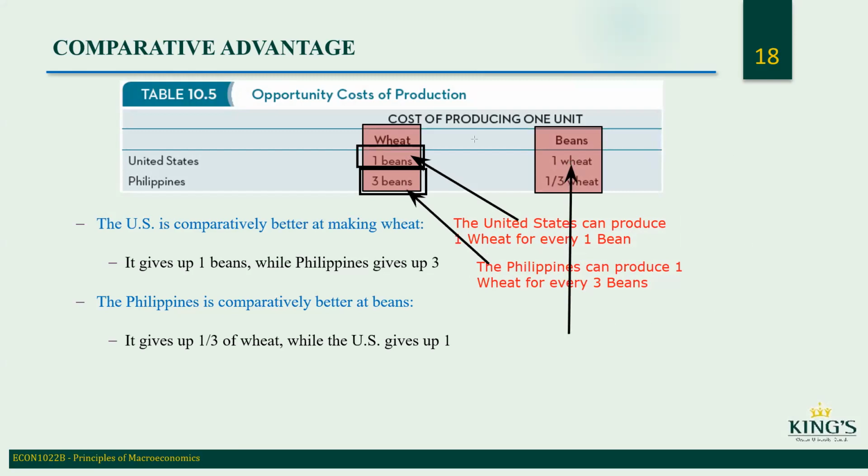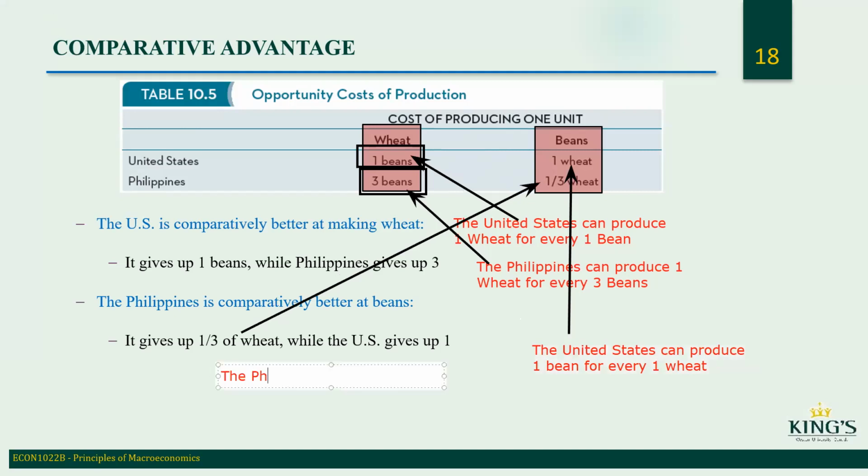And then here, the United States can produce 1 bean for every 1 wheat. And then here, the Philippines can produce 1 bean for every 1/3 wheat.